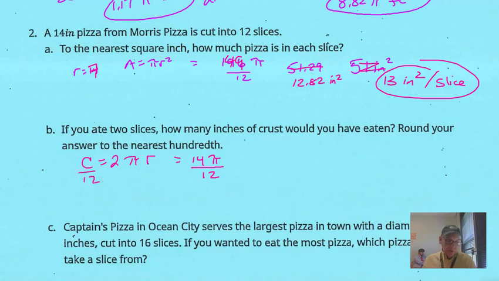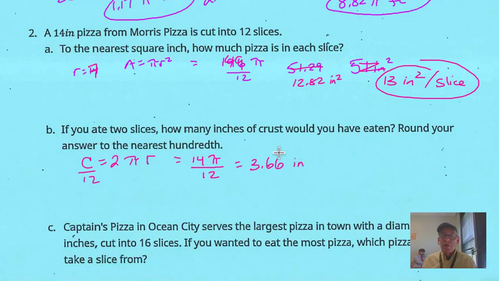So 14 times pi divided by 12 comes out to be 3.66 inches.